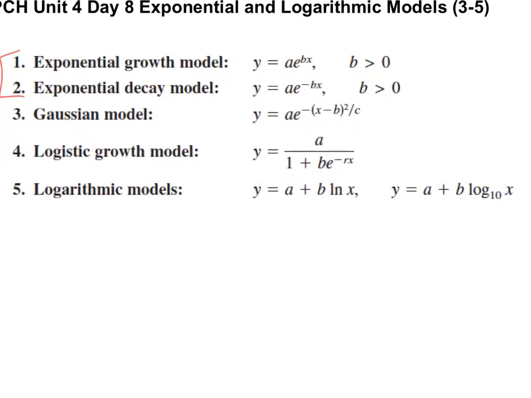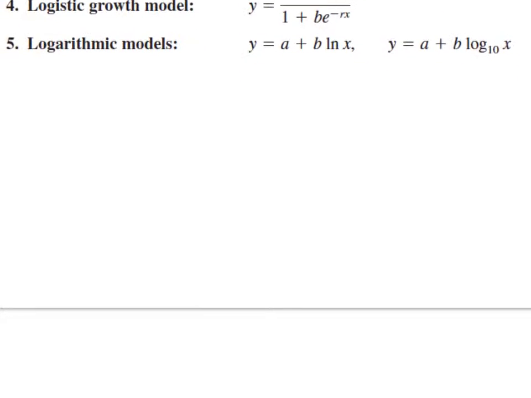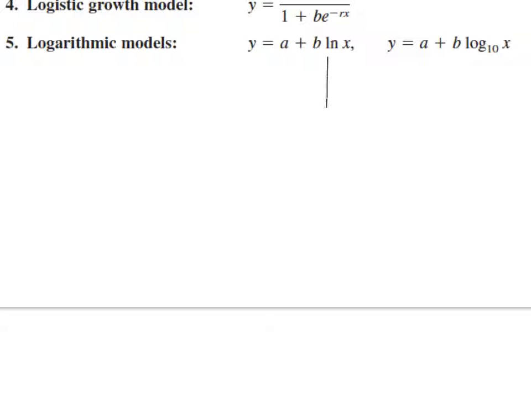Okay, so let's zoom in a little bit here. We have the logarithmic models. And this is one that we're actually familiar with because we had the parent function for logarithms, right? What did that parent function look like? It looks like this, okay? It had what at x equals 0?